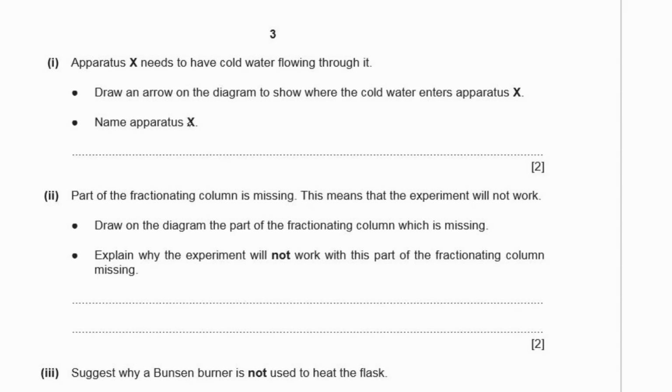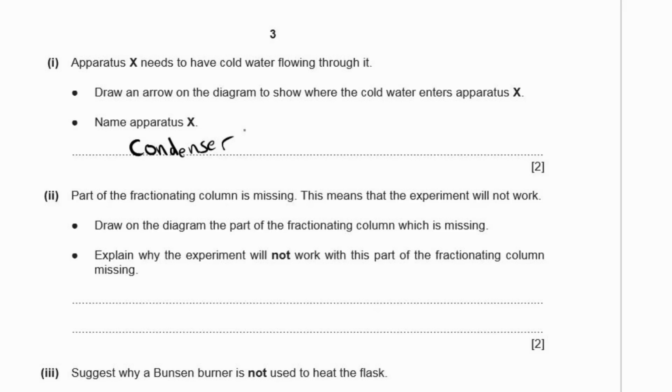C1. Apparatus X needs to have cold water flowing through it. Draw an arrow on the diagram to show where the cold water enters apparatus X. The next thing it's going to look for is the name of apparatus X. Apparatus X is called the condenser because it condenses the alcohols into a liquid form.